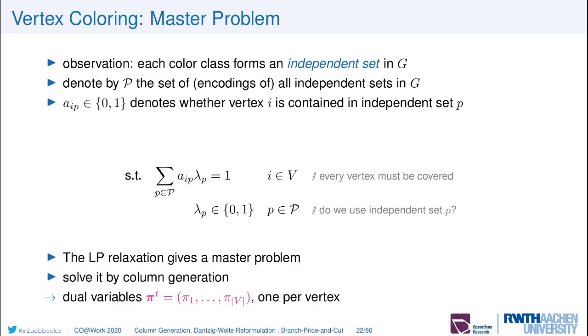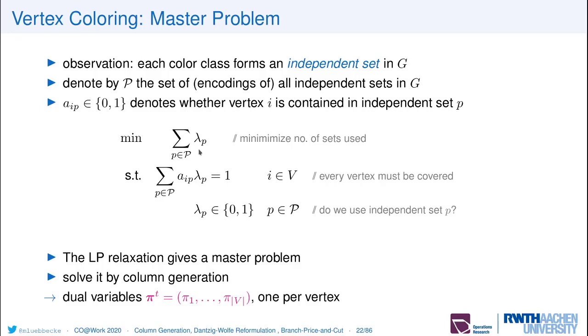Now the final observation is whenever I pick an independent set, it means I have to pick a new color. So I'm minimizing the number of independent sets I've selected. I need to partition the entire vertex set, and this is exactly the chromatic number of the graph, which gives me a huge integer program. Many, many variables, because there are many independent sets in the graph.